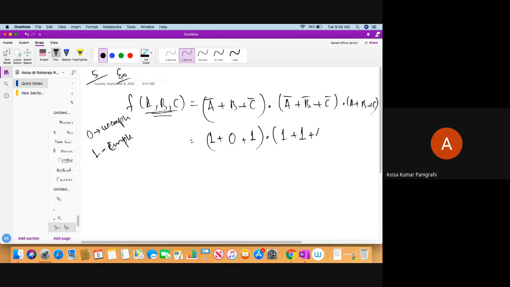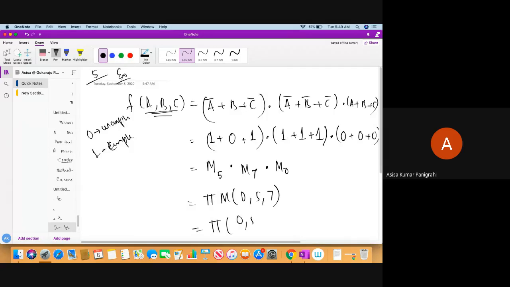Complemented, put 1. Complemented, put 1. Next, uncomplemented, put 0, 0, 0. So finally, you will designate with capital M, which is 101 is 5, 111 is 7, and 000 is 0. So finally, you can write this as pi M 0, 5, 7. Also, you can represent this way: pi 0, 5, 7.